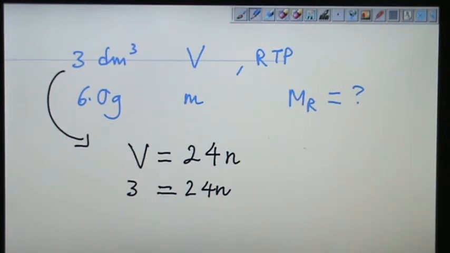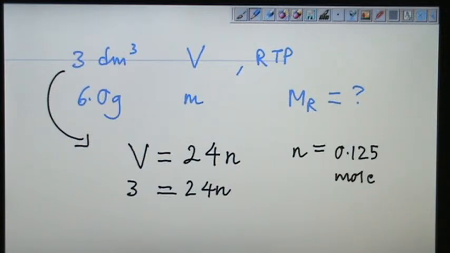So what you do next, number of mole is 3 over 24. If you use a calculator, that will give you 0.125 mole. Now you keep this information and we're going to go to the next page.